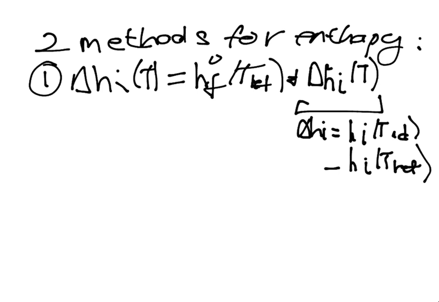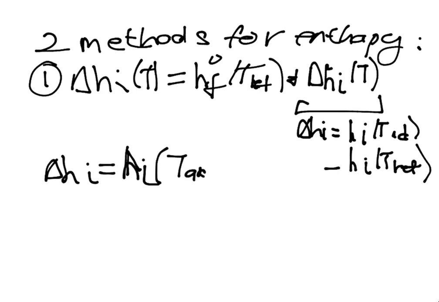So if we were to plug this back in, our delta H_i is equal to H_i(T adiabatic). Now this works great for simple cases and solving using a computer program.